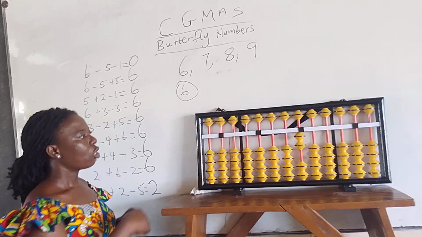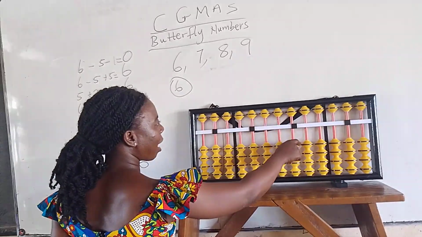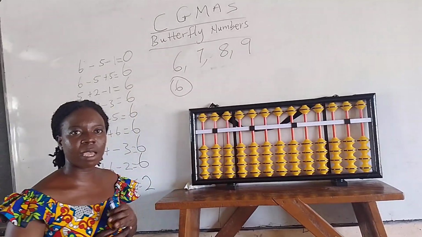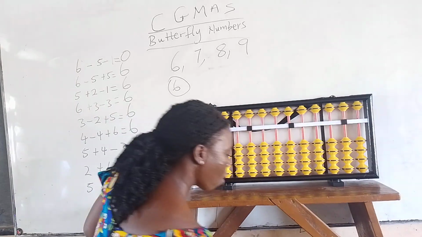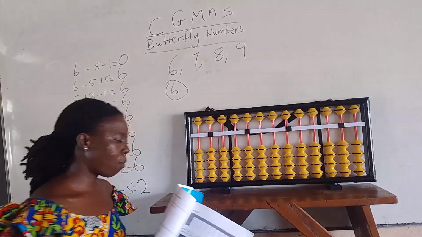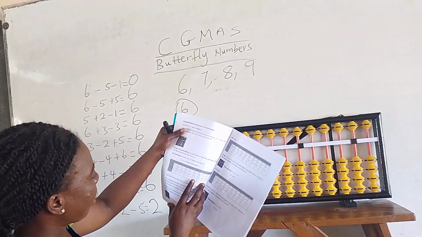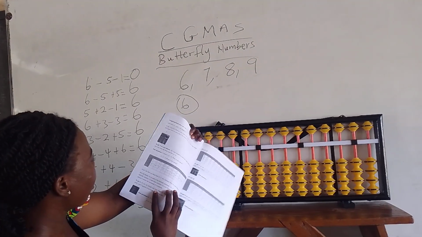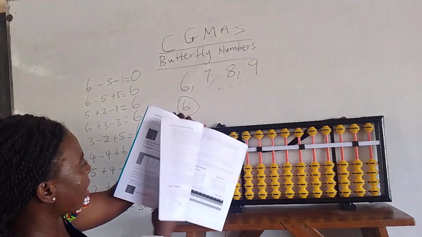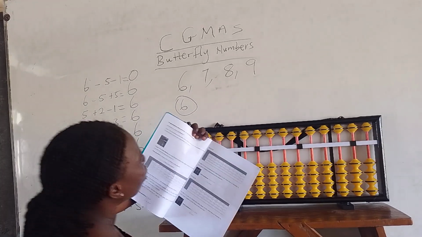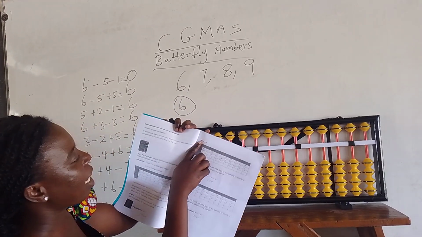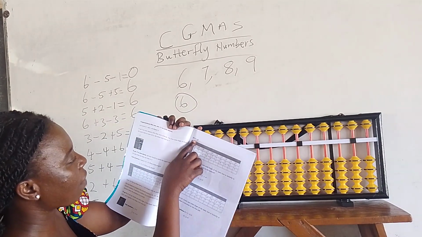I hope you have learned something. Please practice, because practice makes a man perfect. Open to your booklet where we have the butterfly numbers. Okay? Now friends, let us move to the butterfly numbers. When you get there, you will have plus 6 is equals to 1 plus 5 is here.